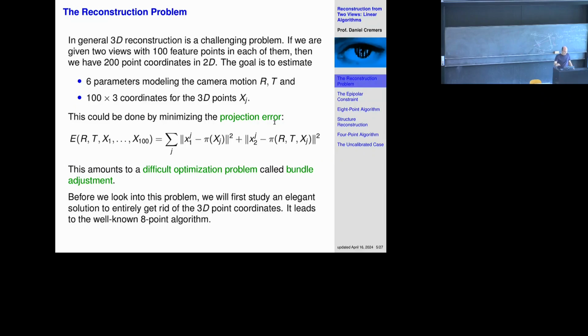And this is a problem, and we'll talk about this problem later in class. It's called bundle adjustment. And it's a very classical technique that was developed almost 100 years ago, surprisingly well before computers ever saw the light of the world.